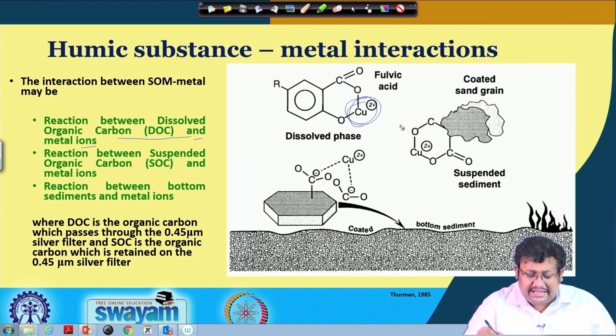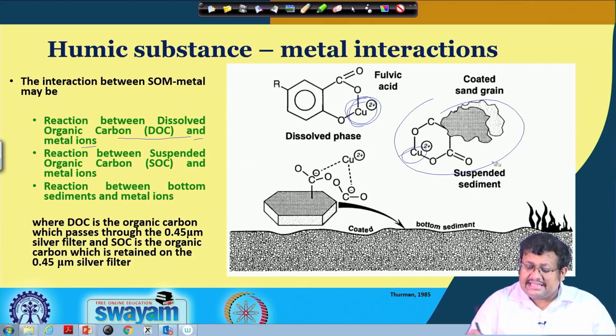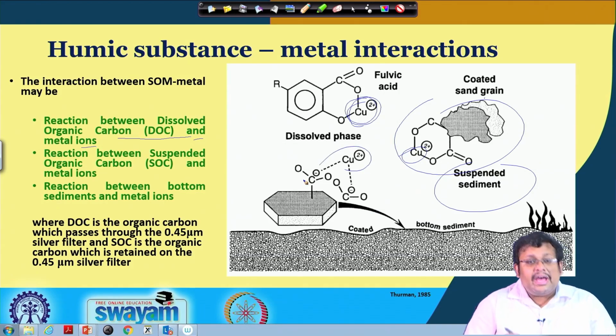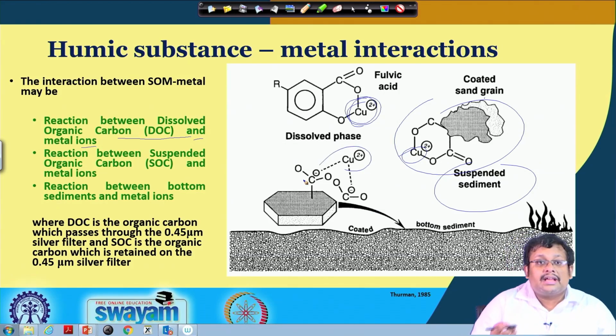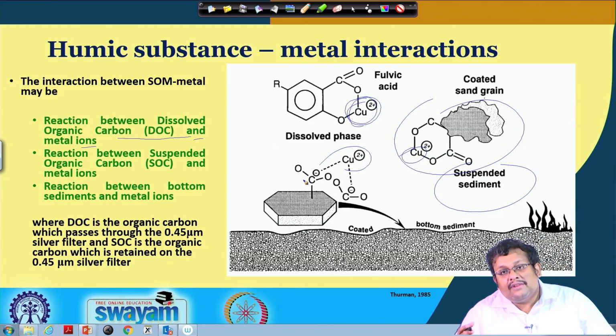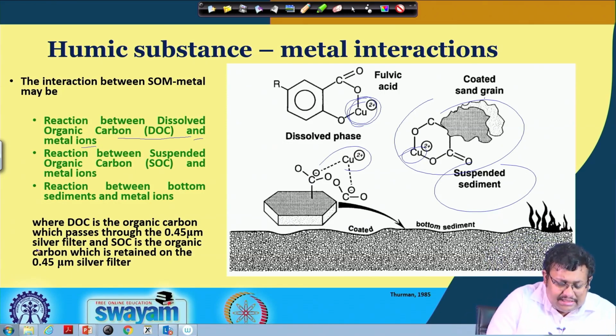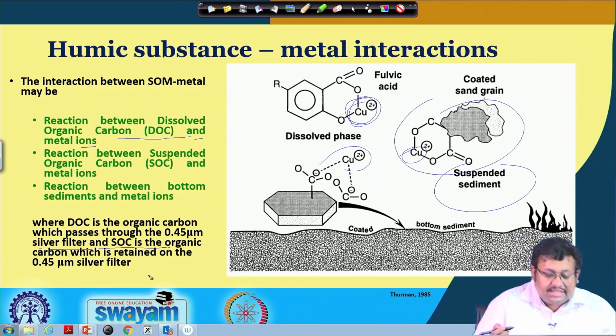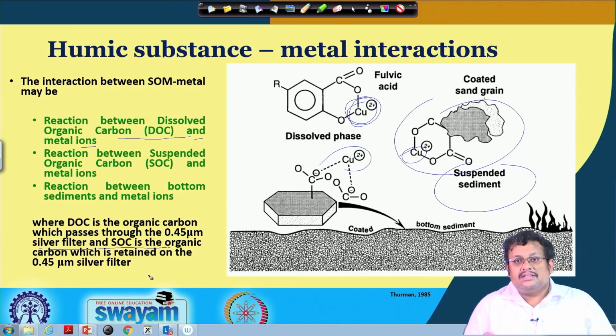Here the organic matter is coated on sand grains and suspended in the water. Finally, there is the reaction between the bottom sediments and the metal ions. DOC is the organic carbon which passes through the 0.45 micrometer silver filter, and SOC is the organic carbon which is retained on the 0.45 micrometer silver filter. This is the difference.